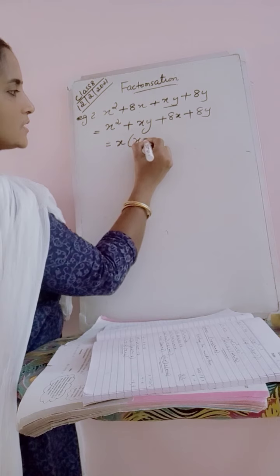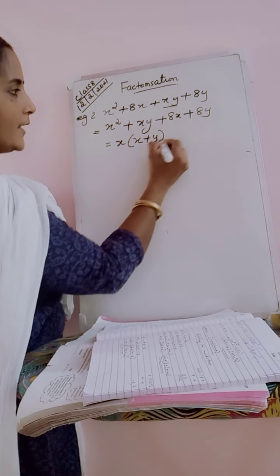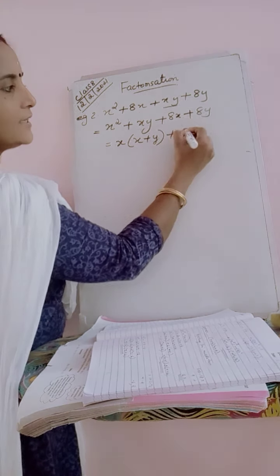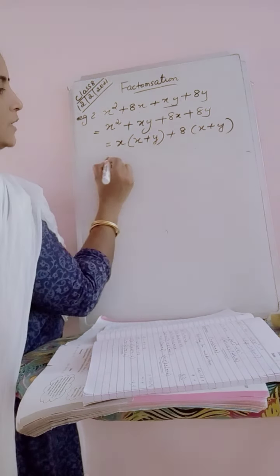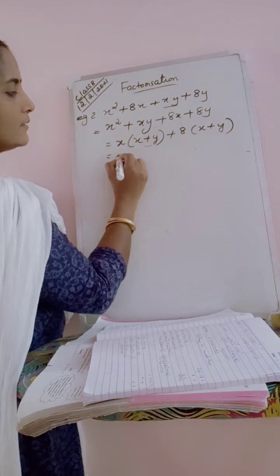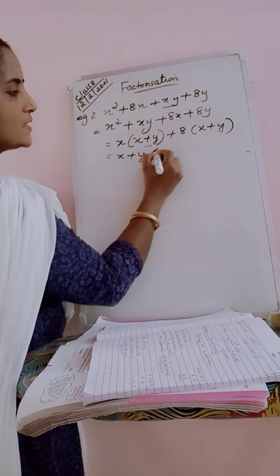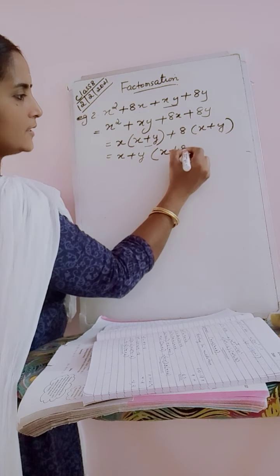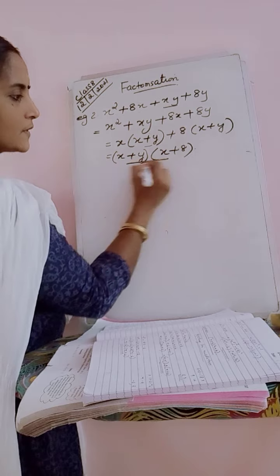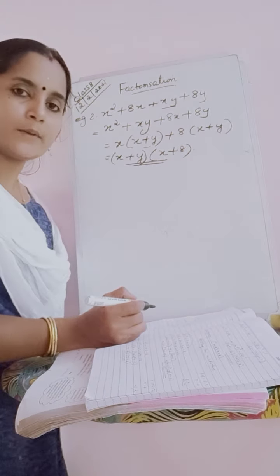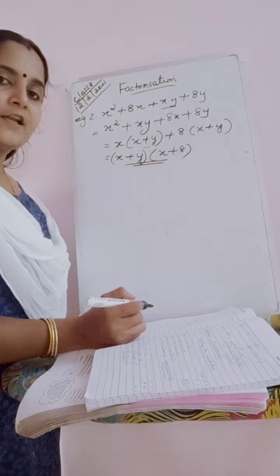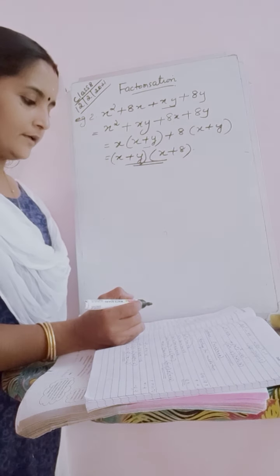So take x outside, you get x plus y plus, here 8 is common, 8 into x plus y. So x plus y is common, take it outside, x plus y into x plus 8. This is another example of regrouping the given expression and then how we factorize.